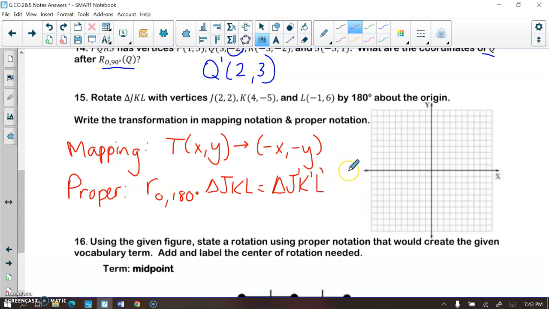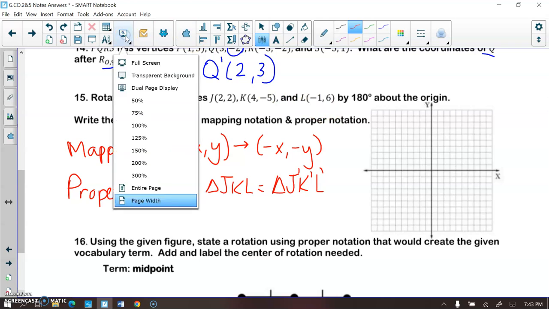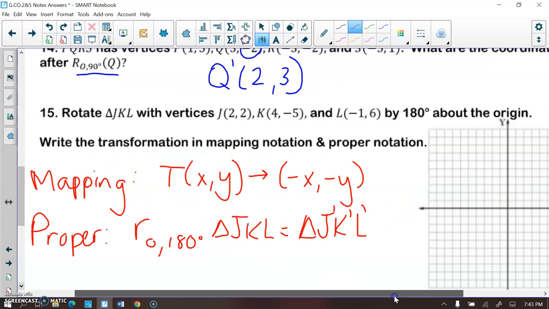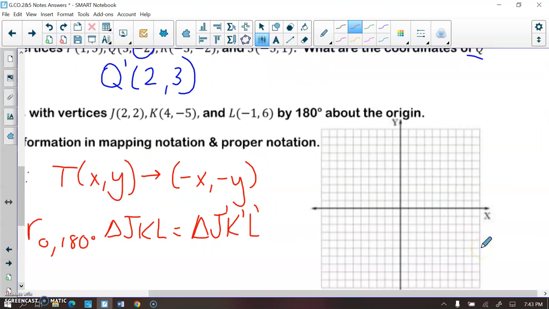So you can go ahead and draw the original figure if you wish. I'm not going to do that. I know my rule. My rule is that I'm going to just flip my x and y values to the opposite. So if J is at 2, 2, that means J prime is at -2, -2. And if K is at 4, -5, that means K prime is at -4, +5.